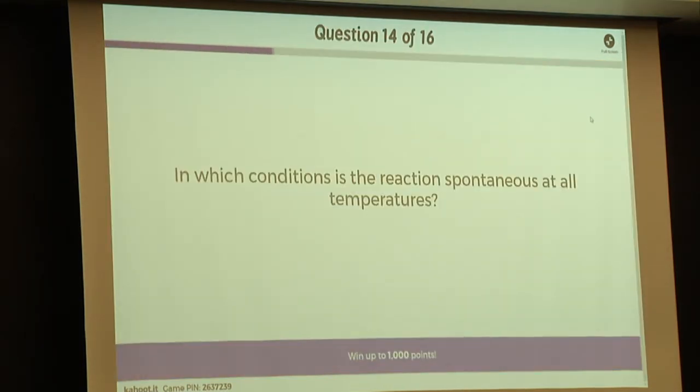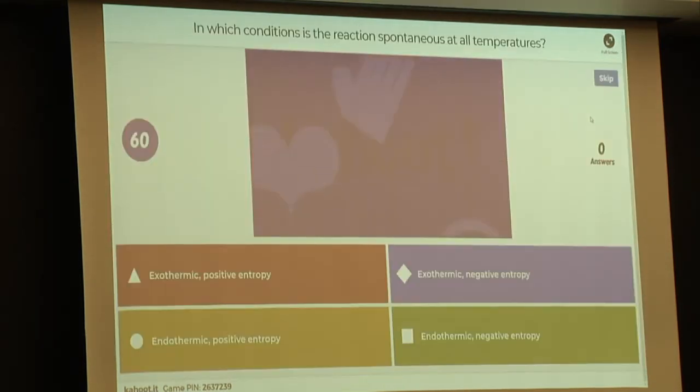In which conditions is the reaction spontaneous at all temperatures?